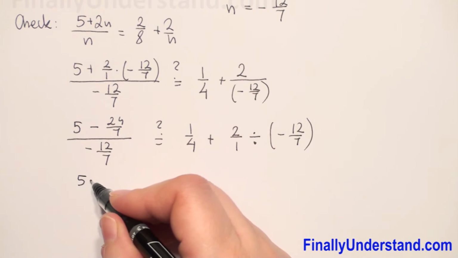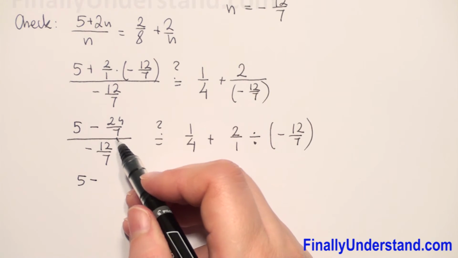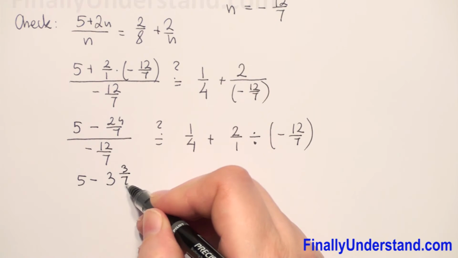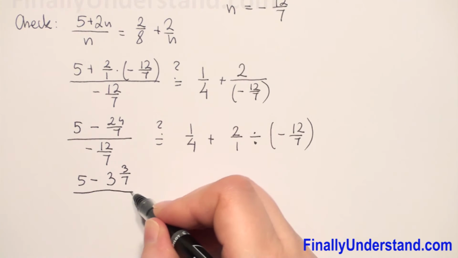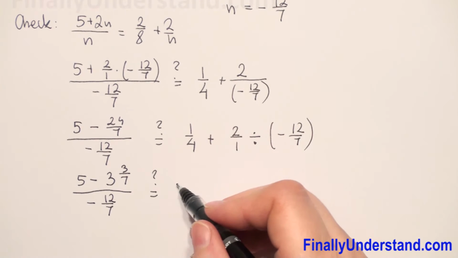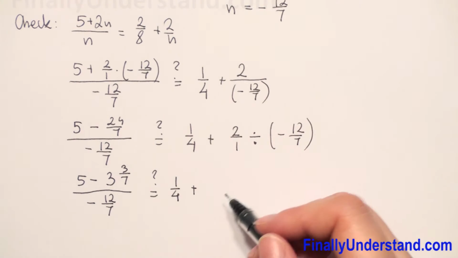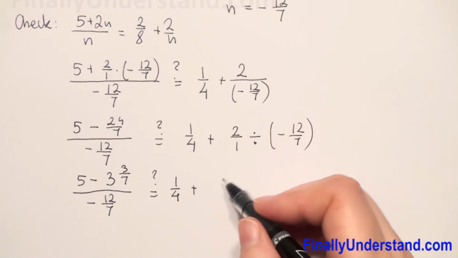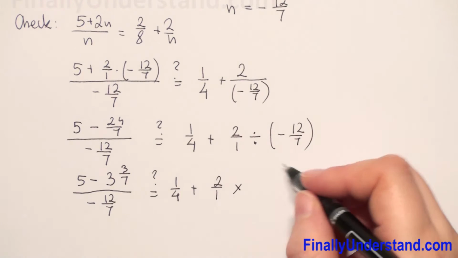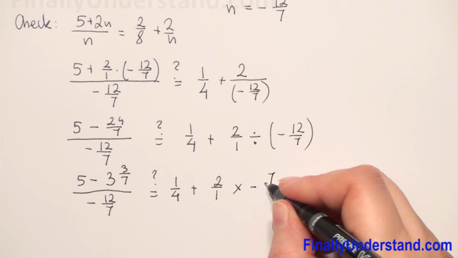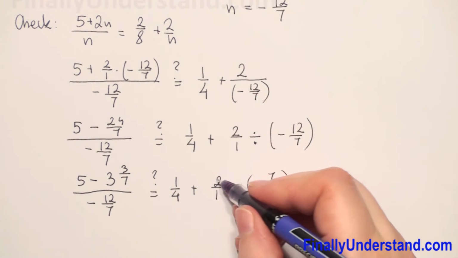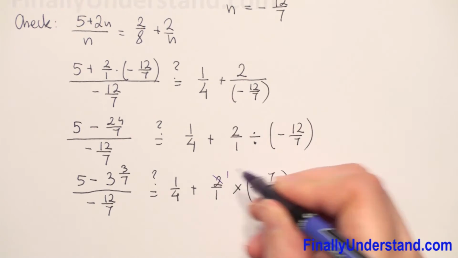So we have 5 minus 24 divided by 7 is 3 and 3 over 7, over negative 12 over 7. This should be equal 1 over 4 plus, and when we have division of fractions we have to copy the first fraction, change the division sign to multiplication, and flip the second fraction, so it will be negative 7 over 12. We have multiplication, so we can reduce 2 with 12, it will be 6, 1.